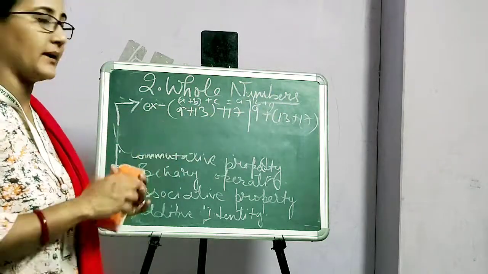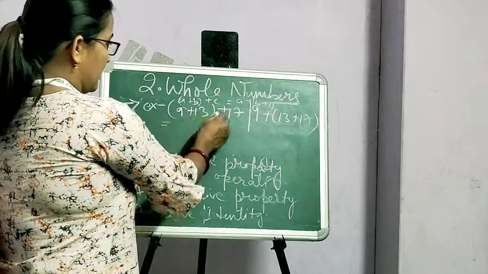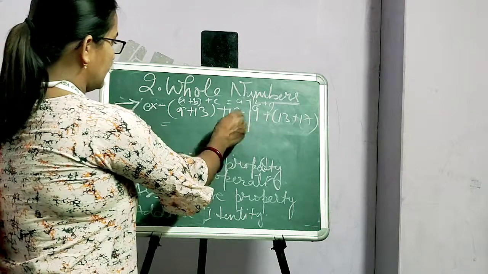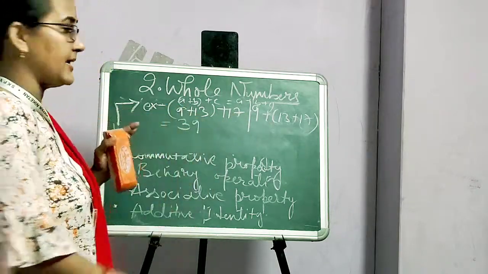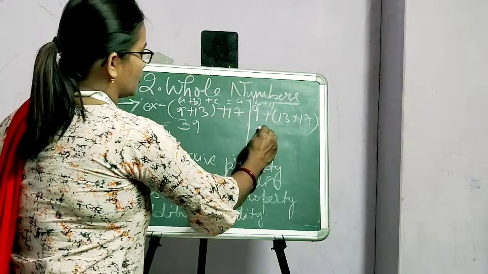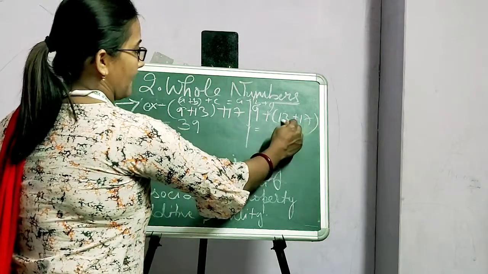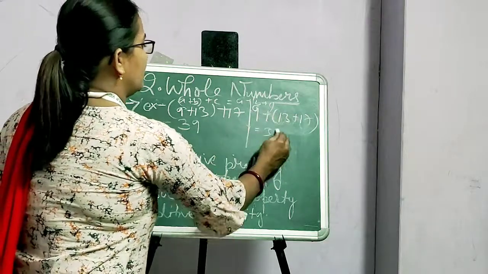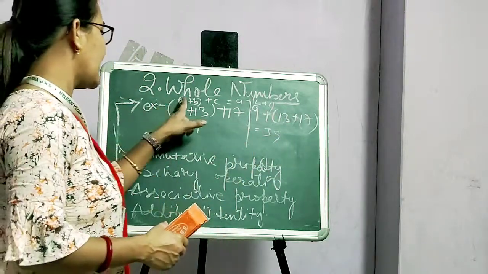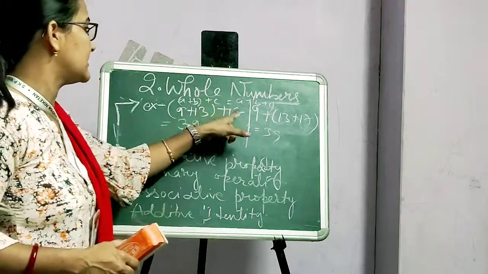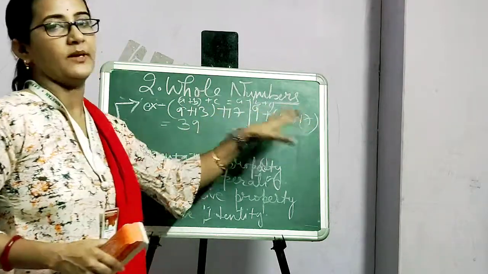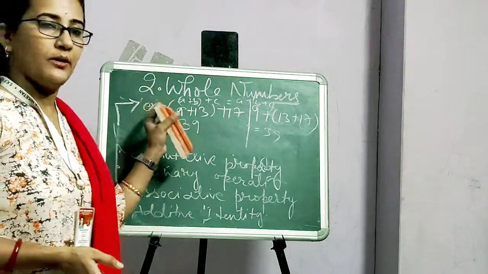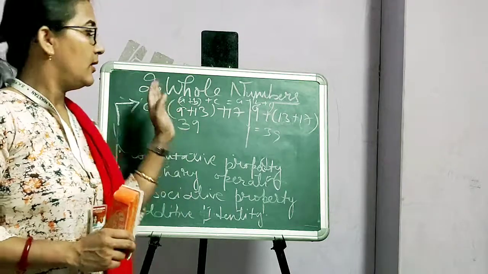This is the associative property. Calculate this: 9 plus 13 is 22, plus 17 is 39. Here the answer is 39. In this case, 17 plus 13 is 30, plus 9 is 39. So whatever, (a plus b) plus c is equal to a plus (b plus c), the answer will be the same. This is the associative property of addition in whole numbers.